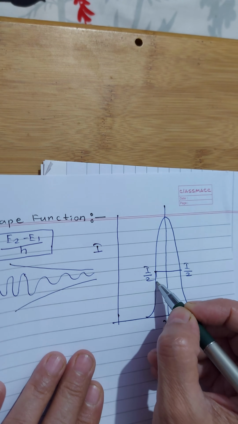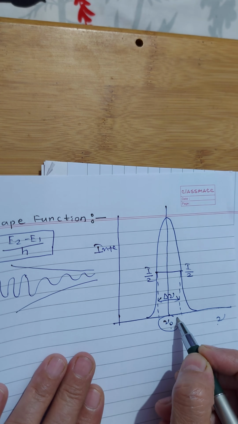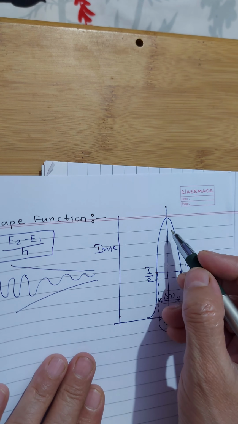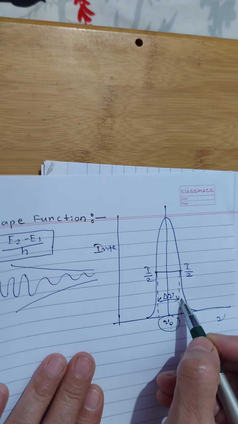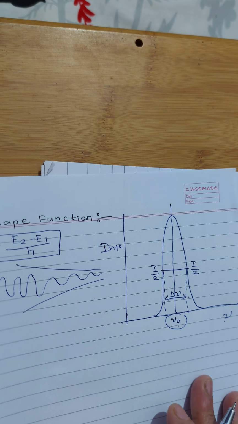So the actual frequency of light centered at nu 0 has spread over an entire range delta nu. Now the Fourier analysis of decaying light gives delta nu approximately equal to 1 upon tau sp. This we have already seen.